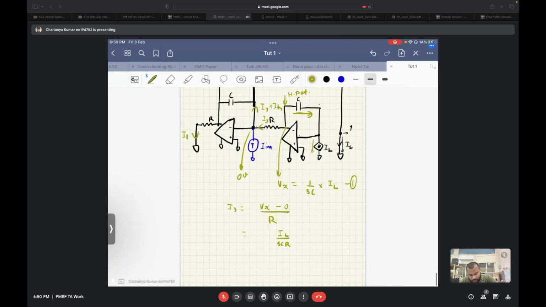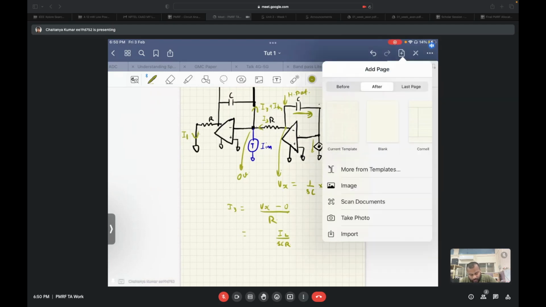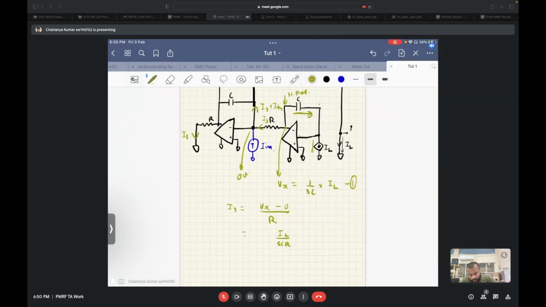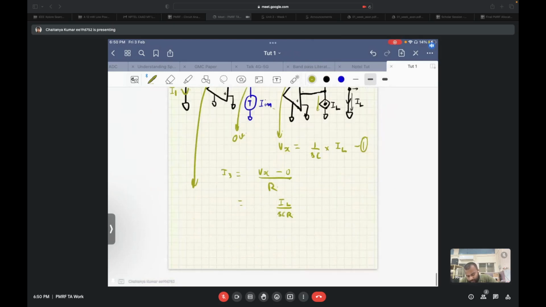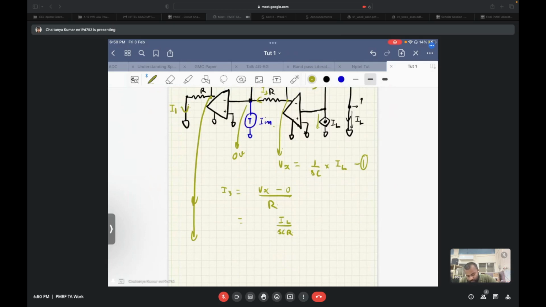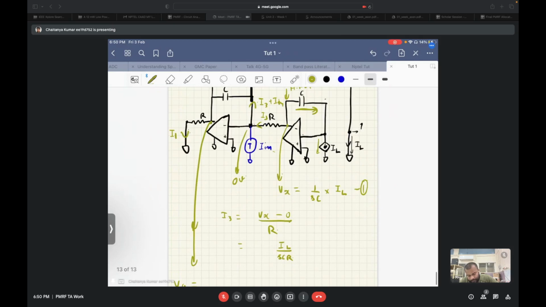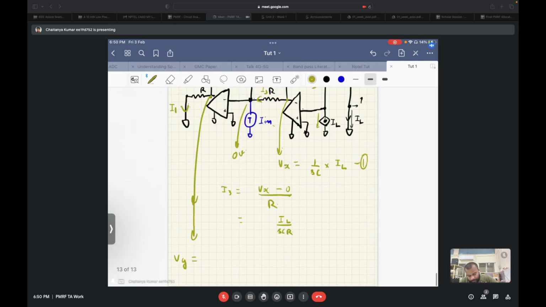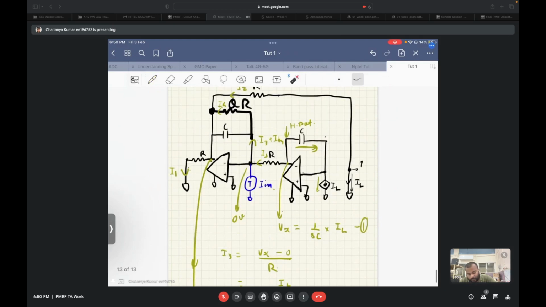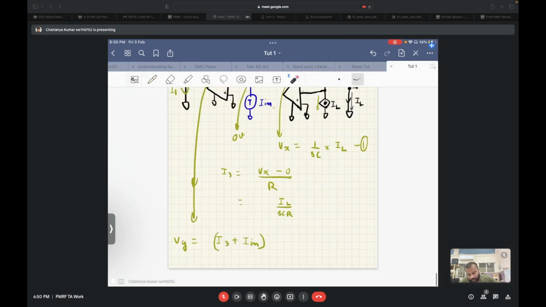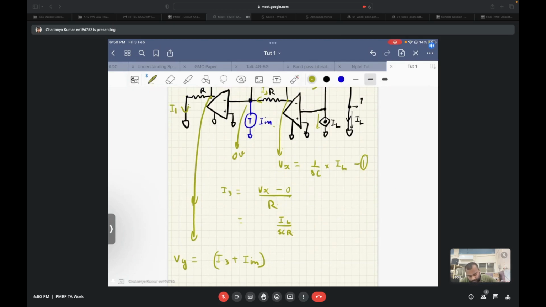Let's take it to a different page. Okay, we can fit something over here. So this node over here can be written as Vy, and Vy is equal to I3 plus I in times this impedance. So what is this impedance?